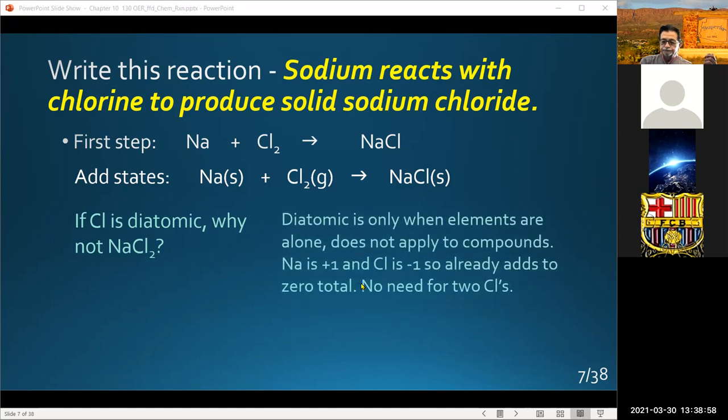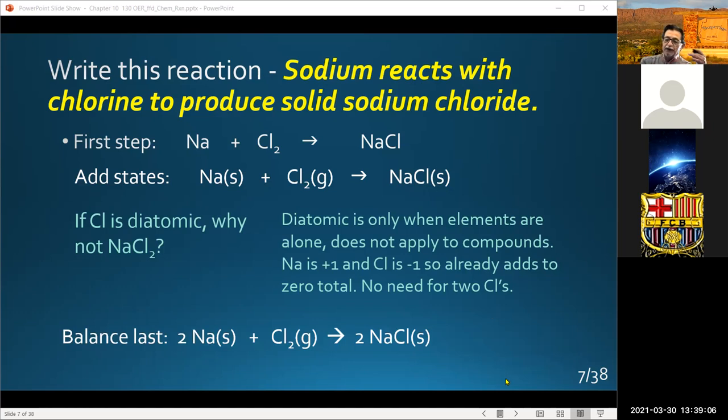All right. And finally, we balance it. And so here we have a perfect example of a very hazardous metal, which is sodium, hazardous and very reactive, and a very poisonous gas.